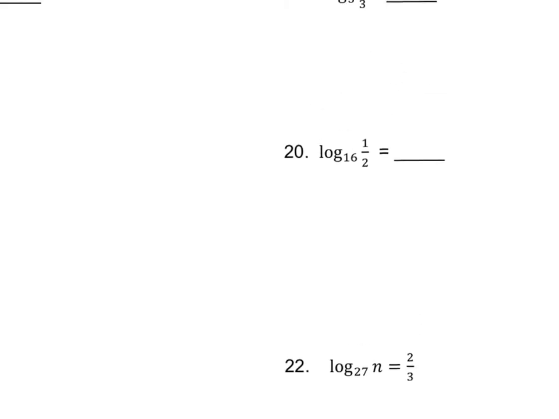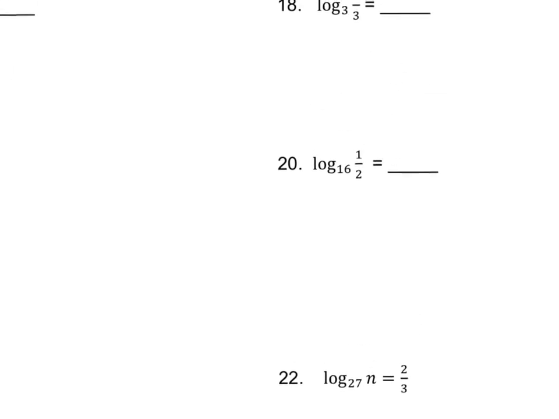Let me do 20 for you. Now, 16 to the power what would give you a half? As you can see, half is way smaller than 16. I'm not going to think of half right now; I'm going to think of 2. To go from 16 to 2, you don't raise it to a whole number, you raise it to a fraction.